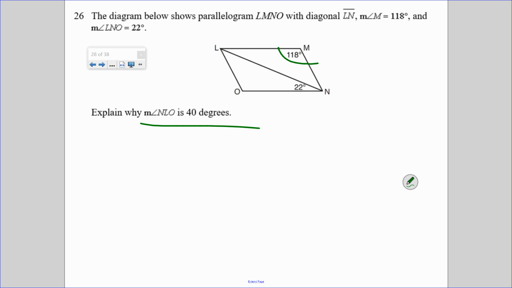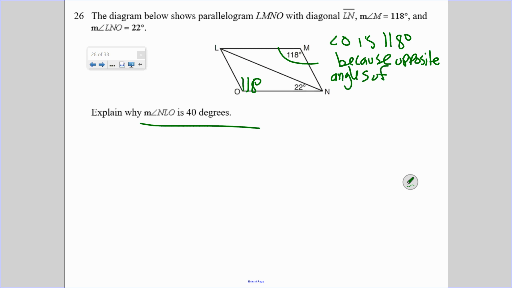Well, if this is a parallelogram, if M is 118, O is 118. Angle O is 118 degrees because opposite angles of a parallelogram are congruent.